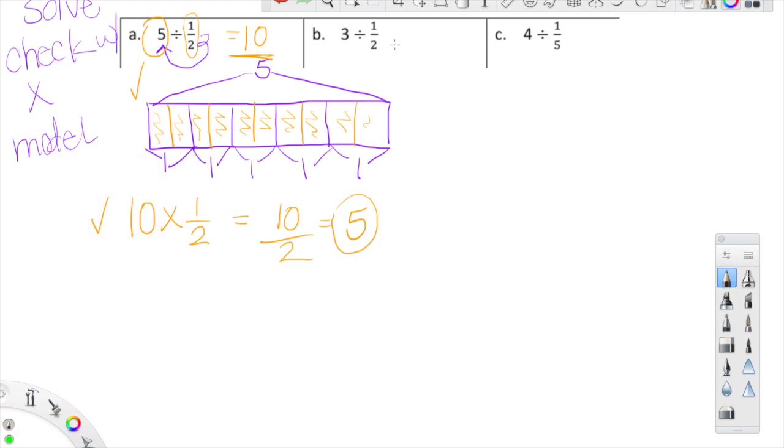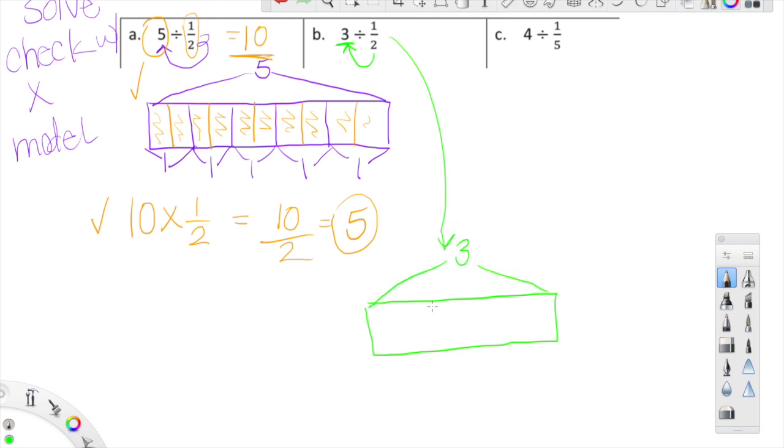Let's look at B down here. So here we're looking at, how many 1/2s fit inside whole number 3? We're going to start by modeling, and our model is going to be whatever we're dividing. I'm dividing 3. So here's my 3.